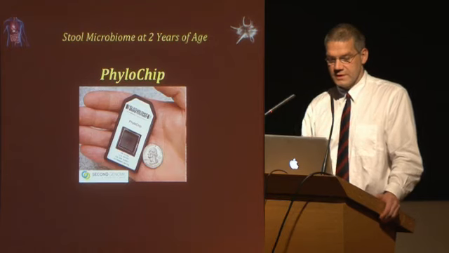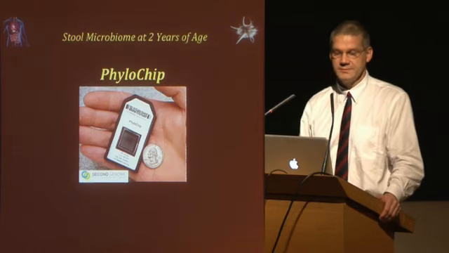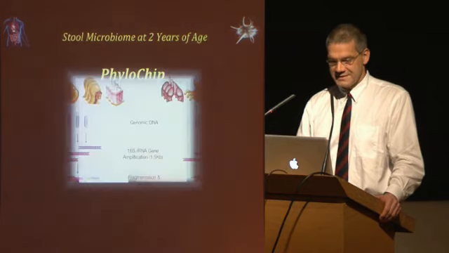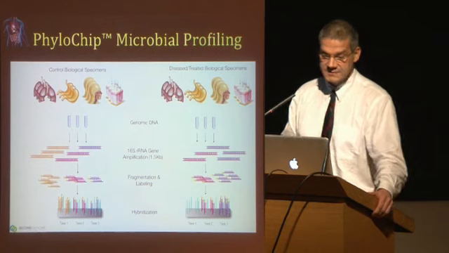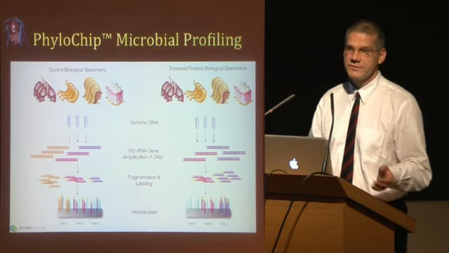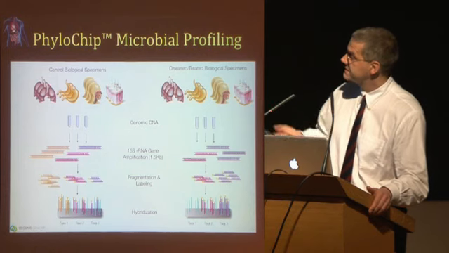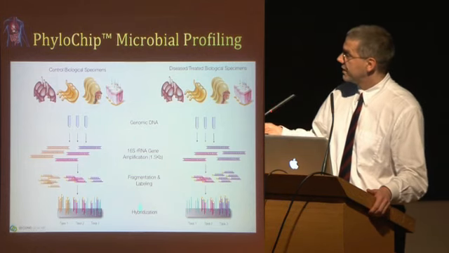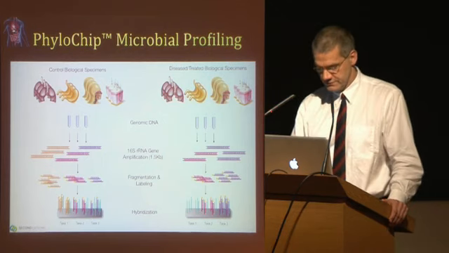And we did this using a phylochip that's commercially available, and the reason we use that is it's commercially available. That doesn't mean it's the best, and together with Bill and a few others, we're actually comparing different aspects. So basically it's an expression array or an array-based hybridization where you have your genomic DNA, you amplify the 16S RNA gene, you fragment, you label, and then you hybridize, and signal intensity gives you the readout.